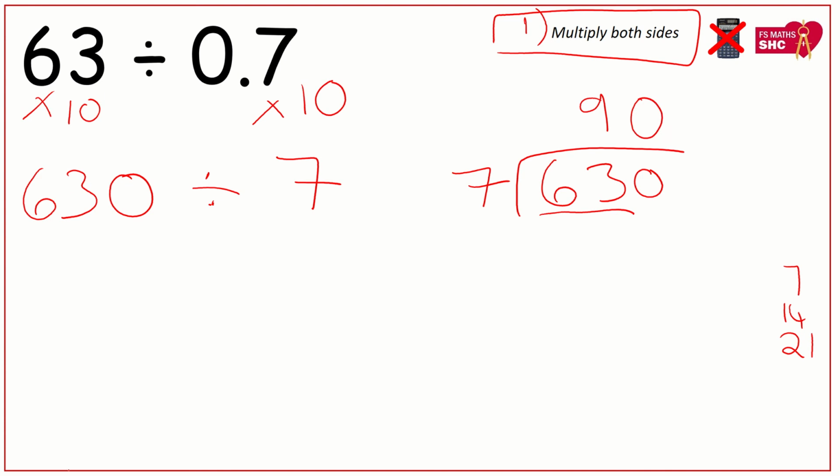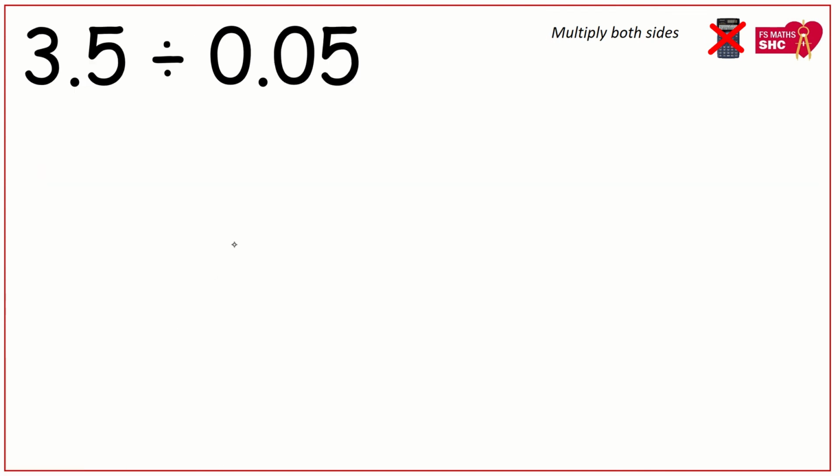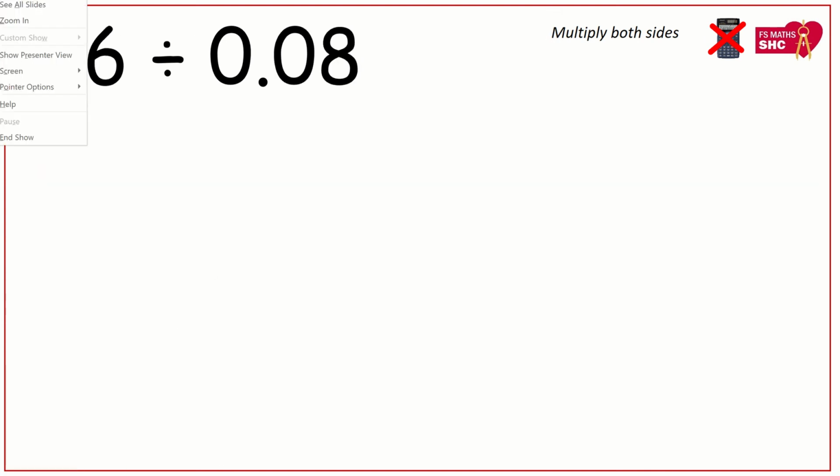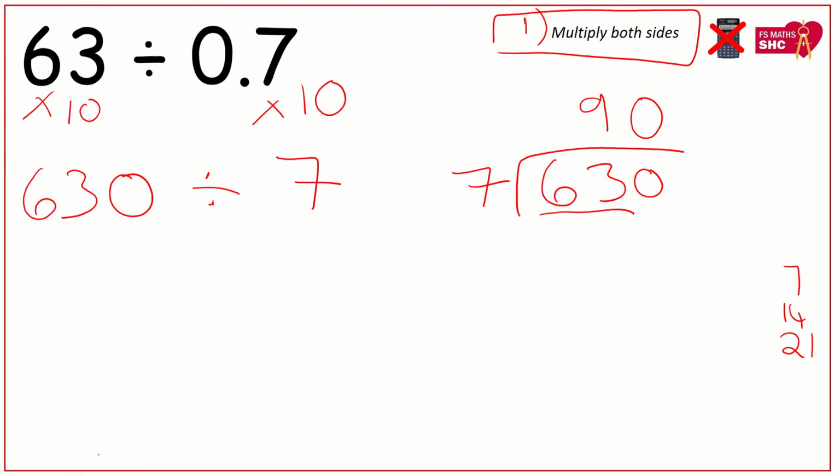So the answer to 630 divided by 7. Oh, sorry. Let's go back. Oh, it's all gone wrong. I'm not starting again. Let's get my colour back. So the answer to 630 divided by 7, it equals 90.